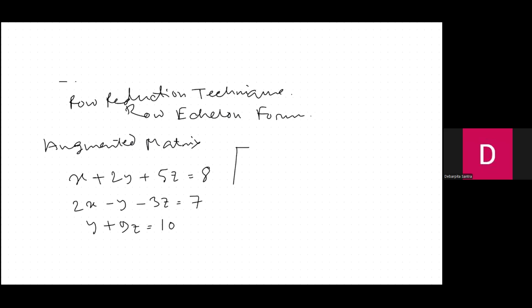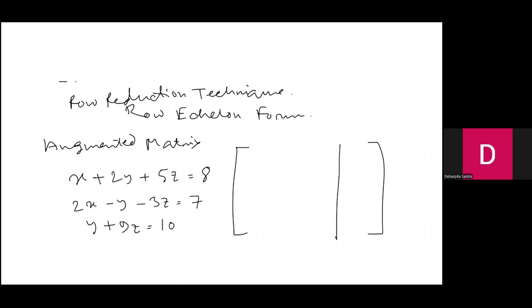First we have to find the coefficient matrix. There is a vertical line, as we can see in the matrix, and on the left hand side of the vertical line we write the coefficient matrix. What is the coefficient matrix? It is basically the matrix consisting of the coefficients of the equations.